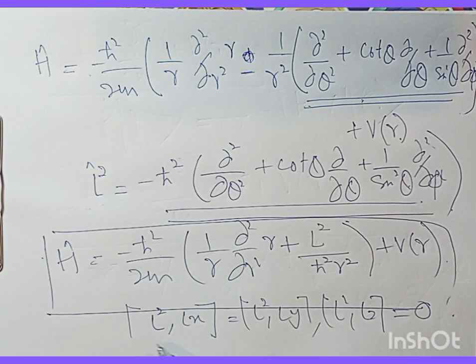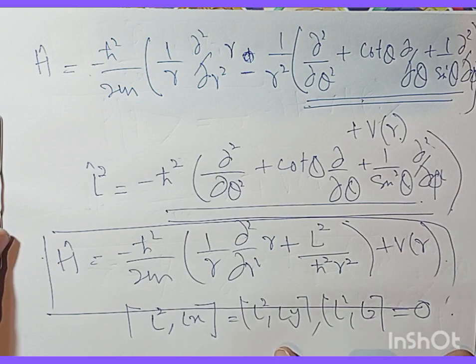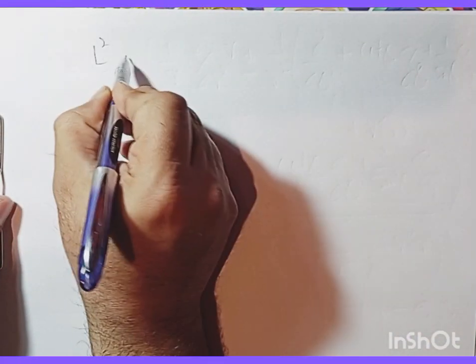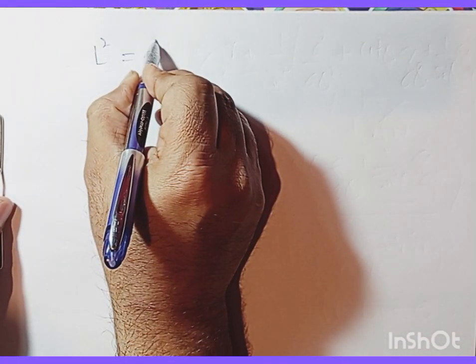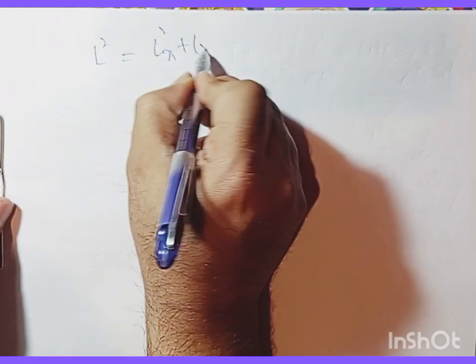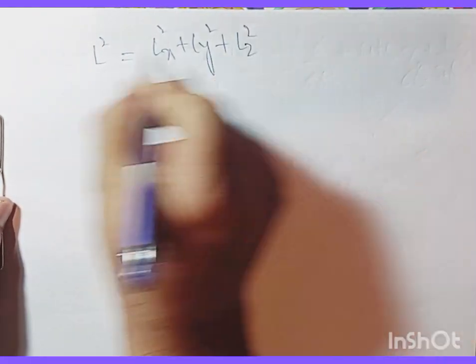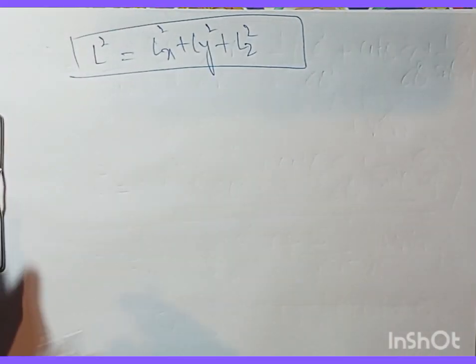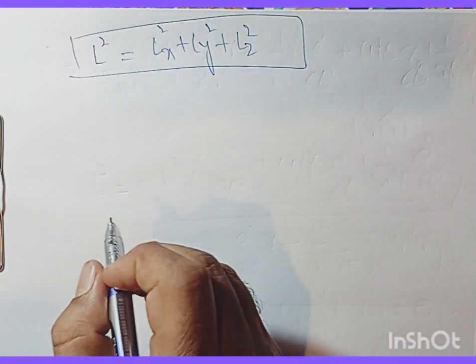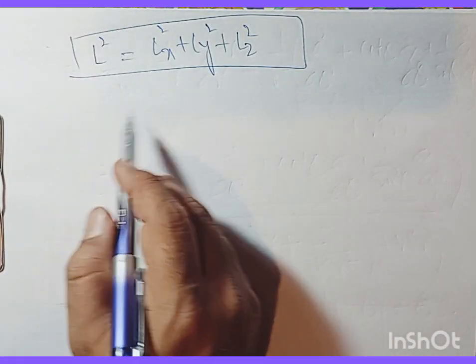Lx, Ly and Lz do not commute with each other, but L square and Lx commute, L square and Ly commute, and L square and Lz commute, where we can write L square as Lx square plus Ly square plus Lz square.